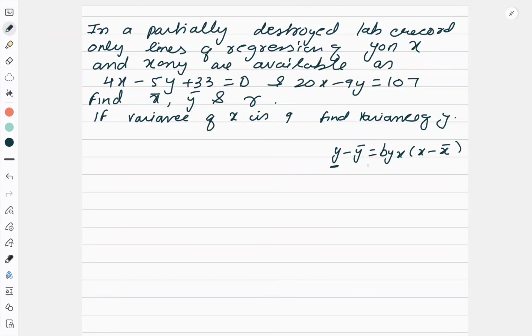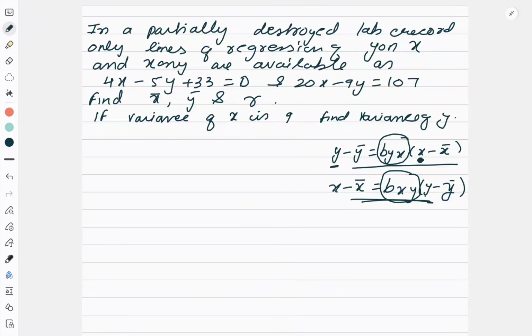When I write y is equal to everything, in that case coefficient of x is byx. Okay, and when I write the equation as x is equal to, coefficient of y is bxy, that I have to keep in mind.